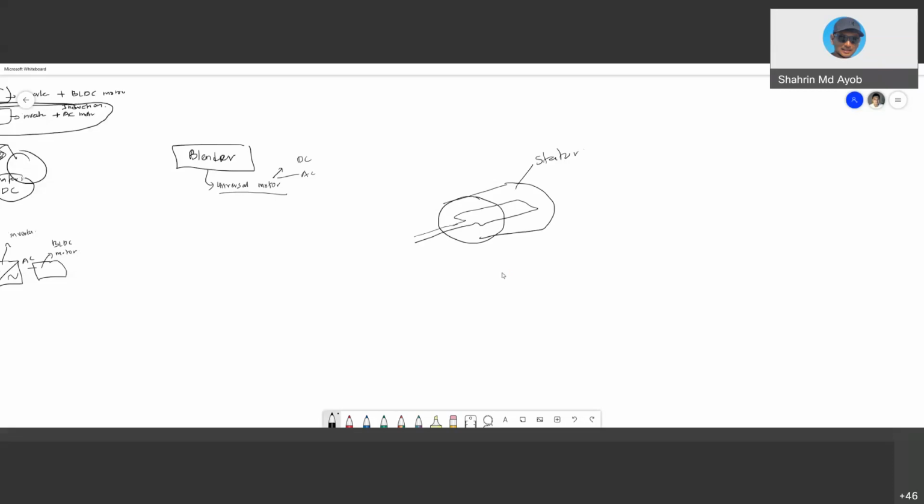We have multiple windings. This is the rotor, so this one will actually rotate, and it is supplied by a DC source. Then we have a commutator here and brushes. This one we call the brush, which contacts the armature. So the DC motor has brushes.